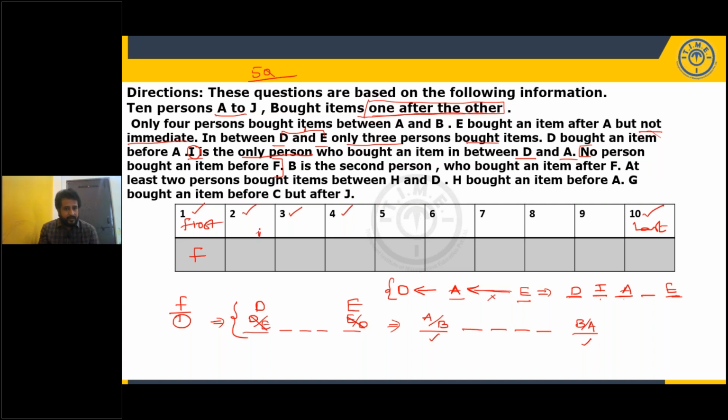After F, he is the first person, and here is the second person. So here must be B. He is not saying B is the second person to bought the item. They mentioned B is the second person who bought an item after F. So it should be B's position. After F first, after F second.